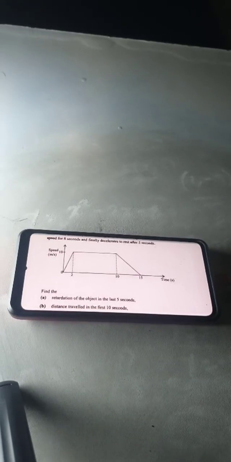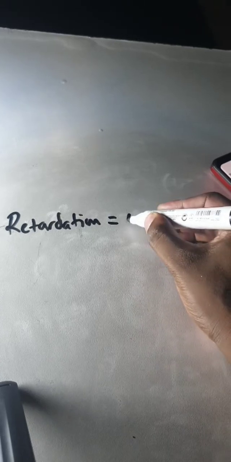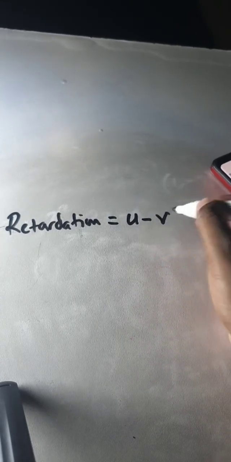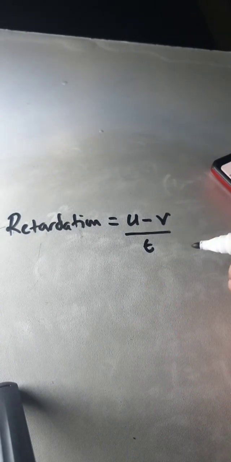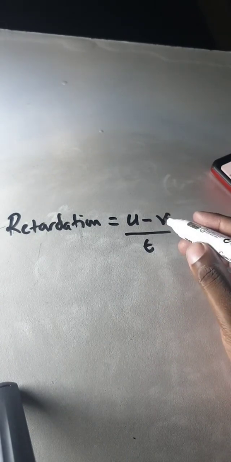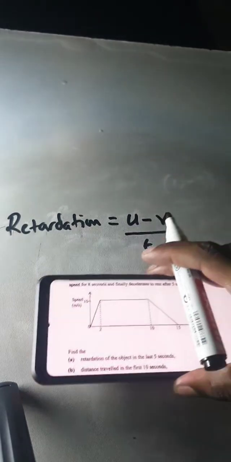So how can we find retardation? Retardation is equal to initial velocity minus final velocity over time taken. At what speed did it start from?